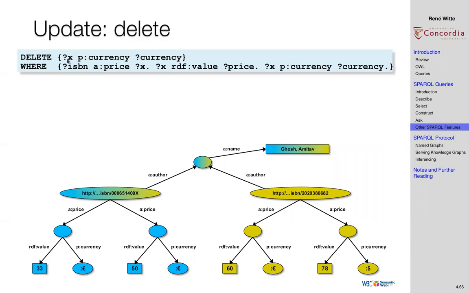For example, if you want to delete any currency, no matter what it is, you can say delete. This is what we want to delete. This is the pattern that we are matching. And when you run the query, you'll see that all the triples with currency and the currency symbol have been removed from the graph.